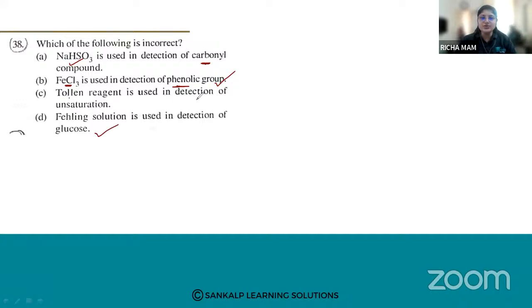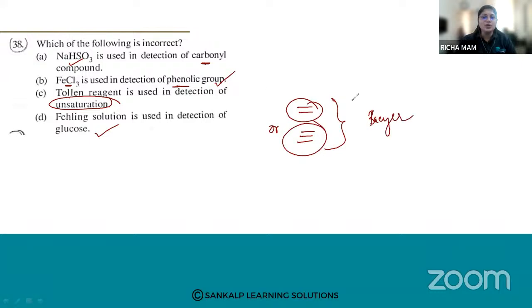Tollens reagent is used in what? Detection of unsaturation? Unsaturation tells you about the presence of a double or triple bond. That test is shown by KMnO4 and Br2, that is Baeyer's test, and not Tollens test.